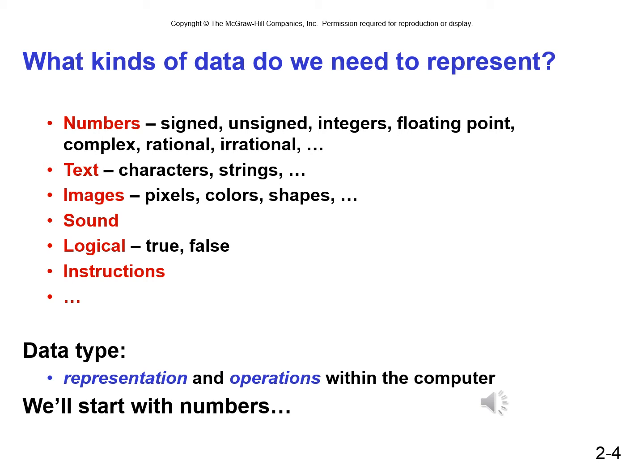Obviously. So, in this course, we're going to learn how data is represented in various numbering systems so that it can then be used by us humans. Okay? We're going to start with numbers.